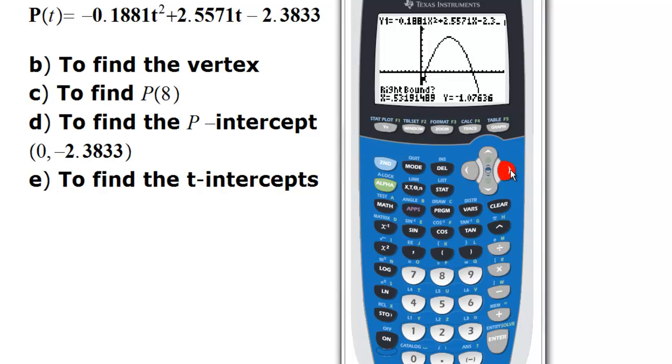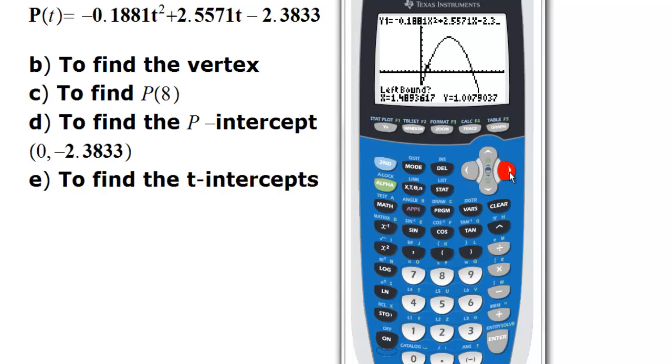Now it is asking for a right bound. So here we are to the right of that. We press enter again, and it's asking us to guess. These are simple cases, so any guess that it makes is usually good. Press enter. So the first zero is 1.00656060.